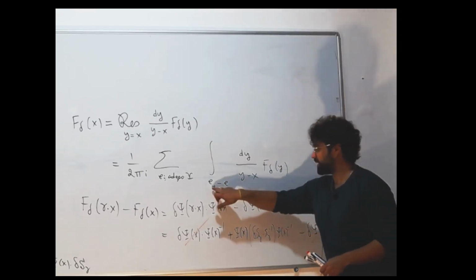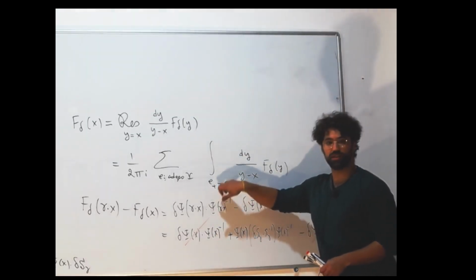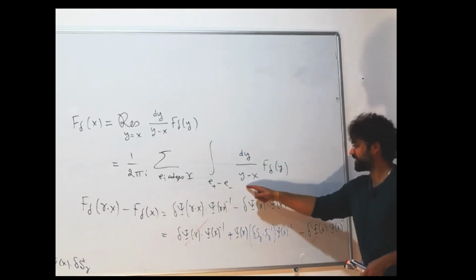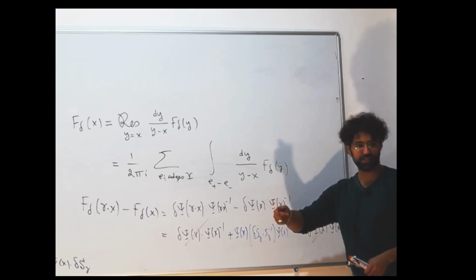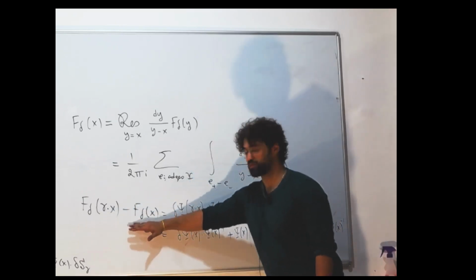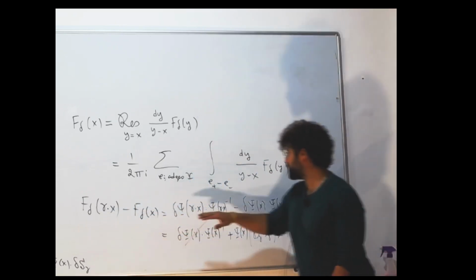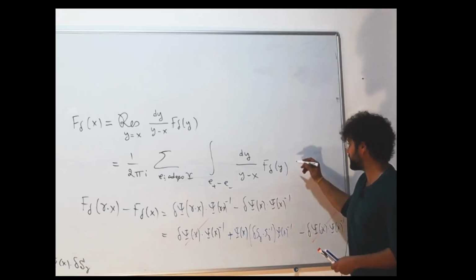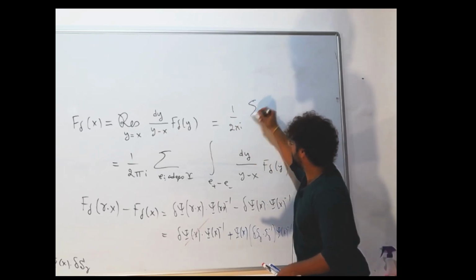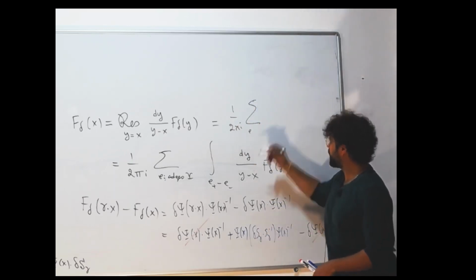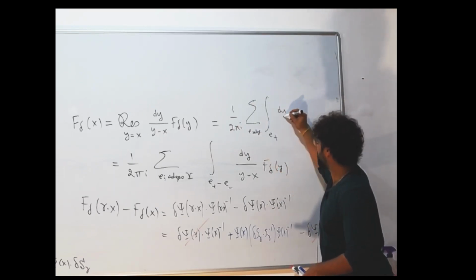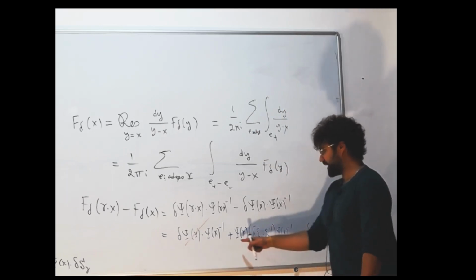Okay, now this integral can be separated in the integral over e plus minus the integral over e minus. This thing here has the same value on both sides of the edges, and this one has this value on one side and this one on the other one. Which means that this integral can be rewritten as 1 over 2πi sum over the edges of the integral over e plus of dy over y minus x, and now we only have this one.